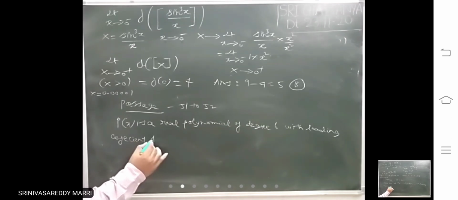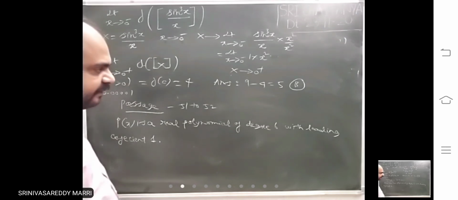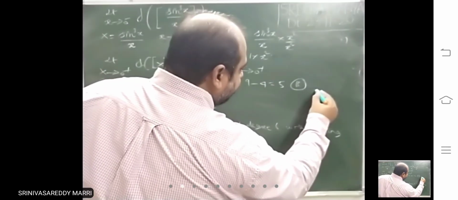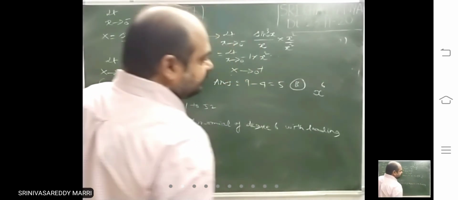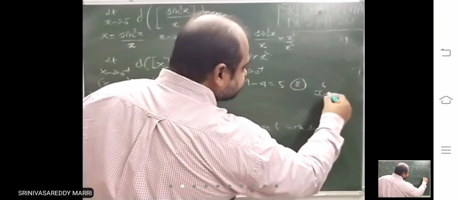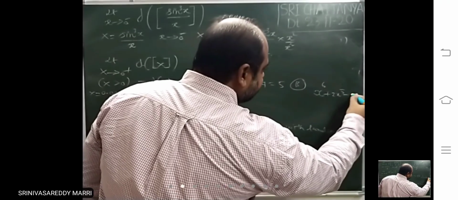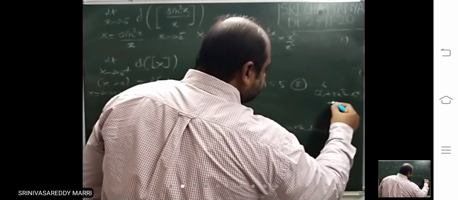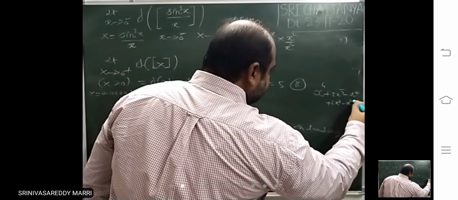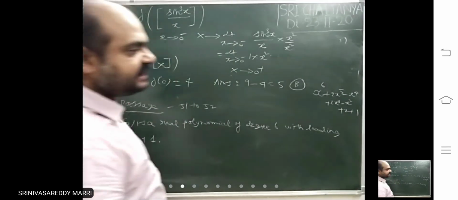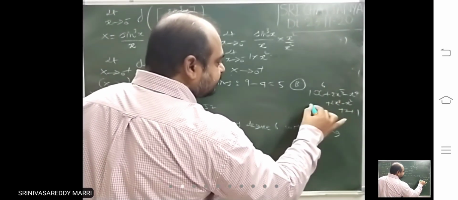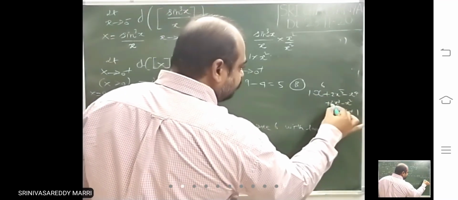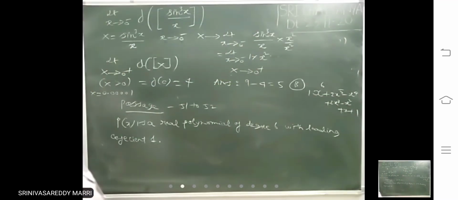What is a real polynomial? A real polynomial means the coefficients are all real numbers. A polynomial is just like x power 6 degree. Suppose I am writing one example: 2x power 5 minus x power 4 plus 2x cube minus x square. This is a real polynomial, and the coefficients are real numbers.